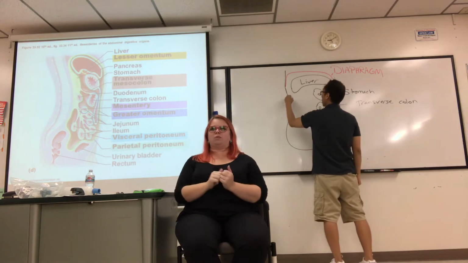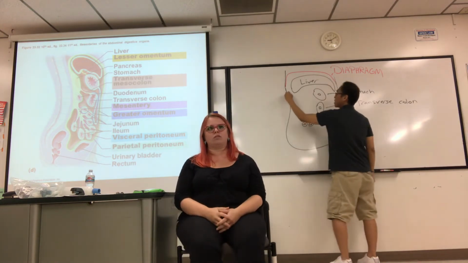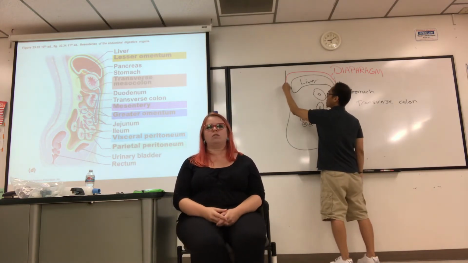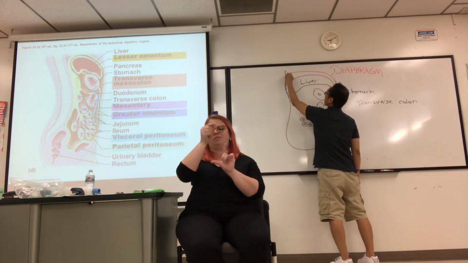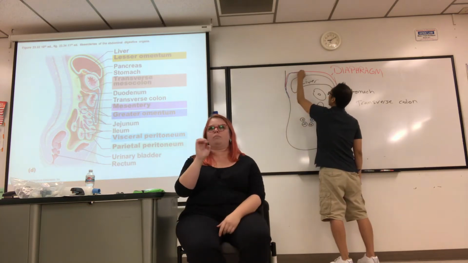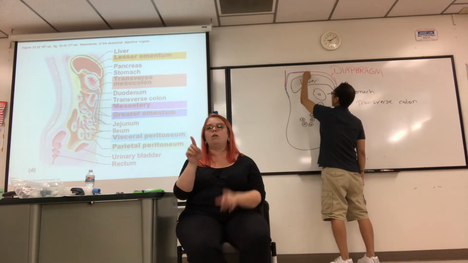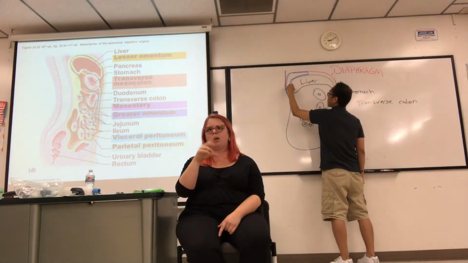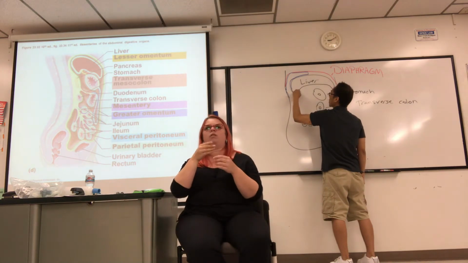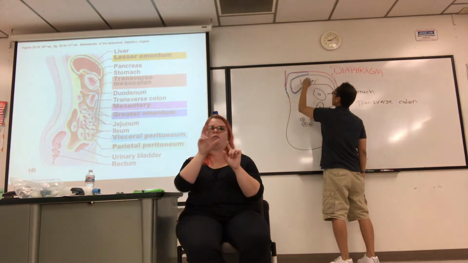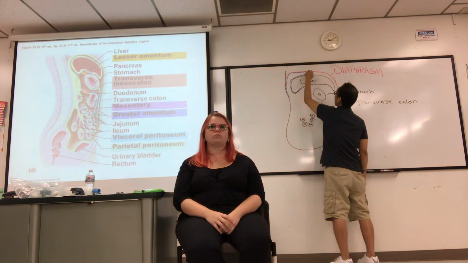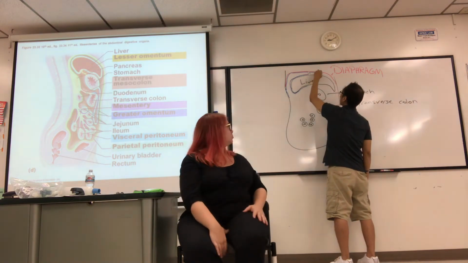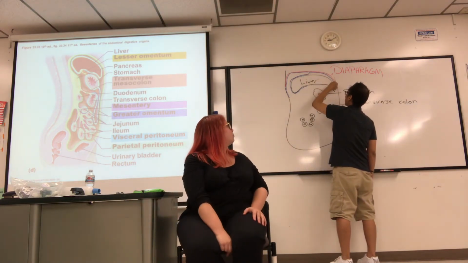So let me start here. I'm lining the back body wall. I'm going to line the inside of the diaphragm, and I'm going to shoot down on top of the liver and go around. And the same thing on this side.